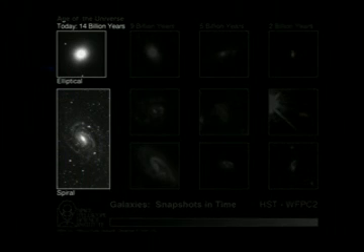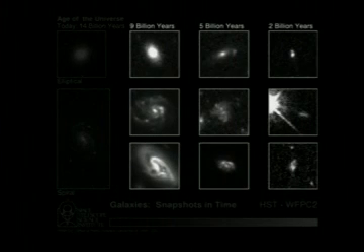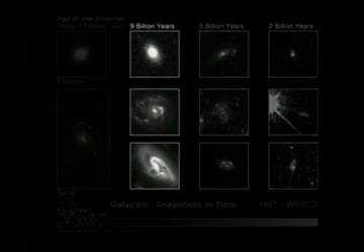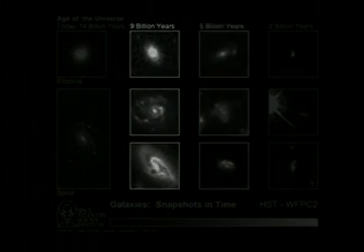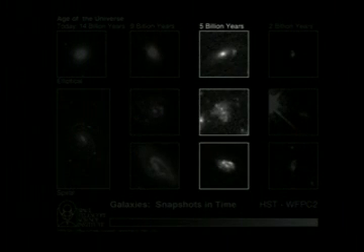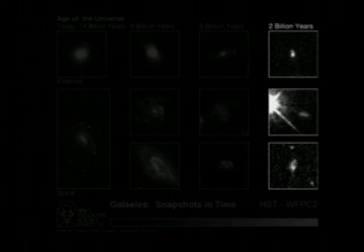These are galaxies as they are seen today in the modern universe, some 14 billion years after the Big Bang. And in these columns, you see what galaxies look like earlier and earlier in the universe. So at 9 billion years after the Big Bang, that is 5 billion years ago, they looked like this. Here's 9 billion years ago, and here is 12 billion years ago.